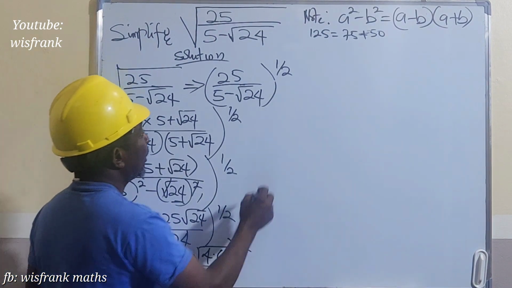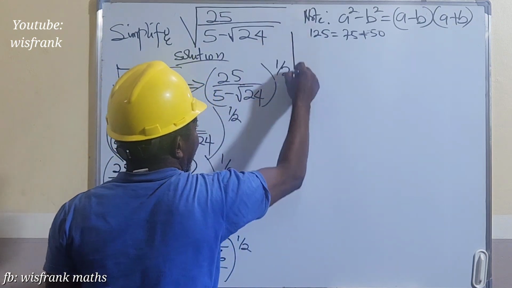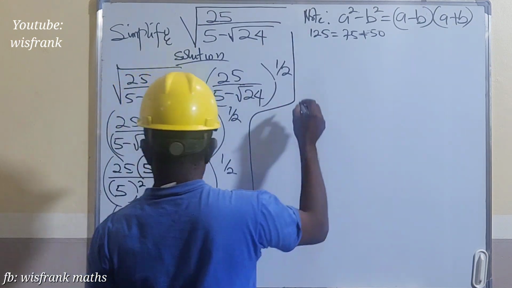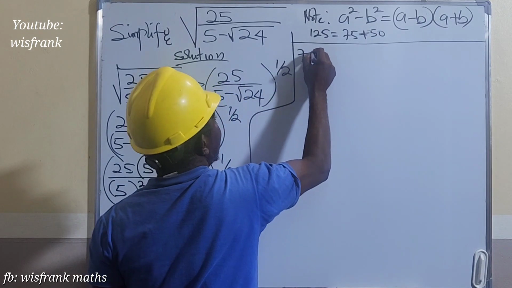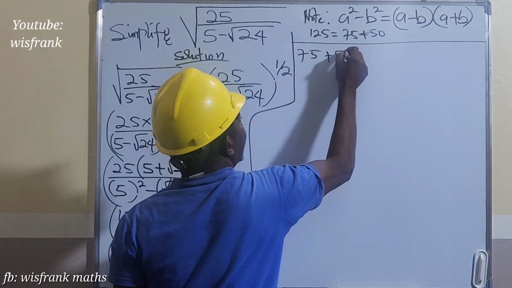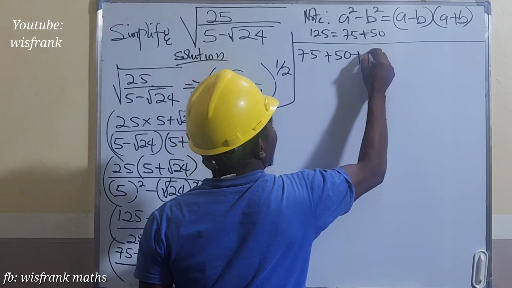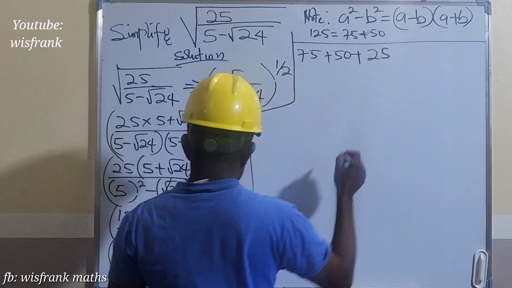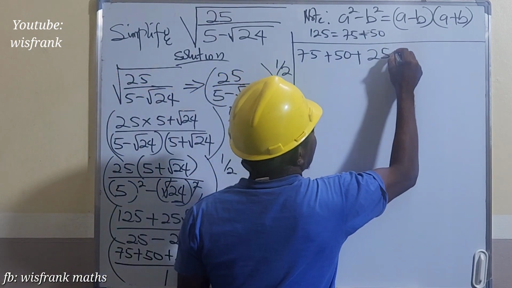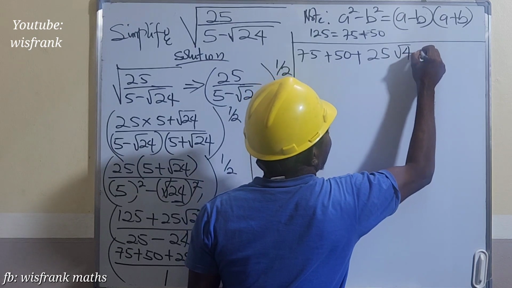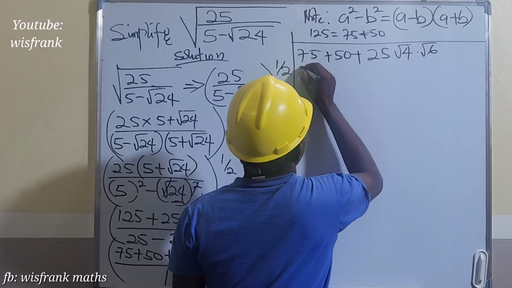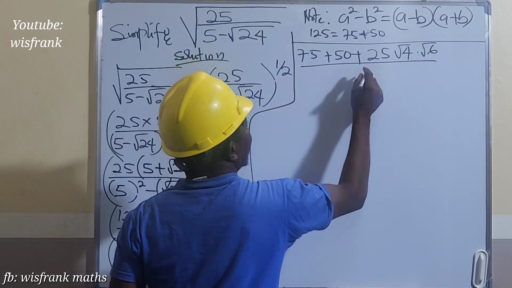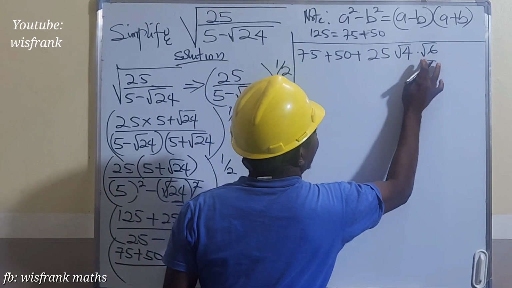We can further simplify this. It will give us 75 plus 50 plus 25 times root 4 times root 6 all over 1; we are not writing all over 1 again.